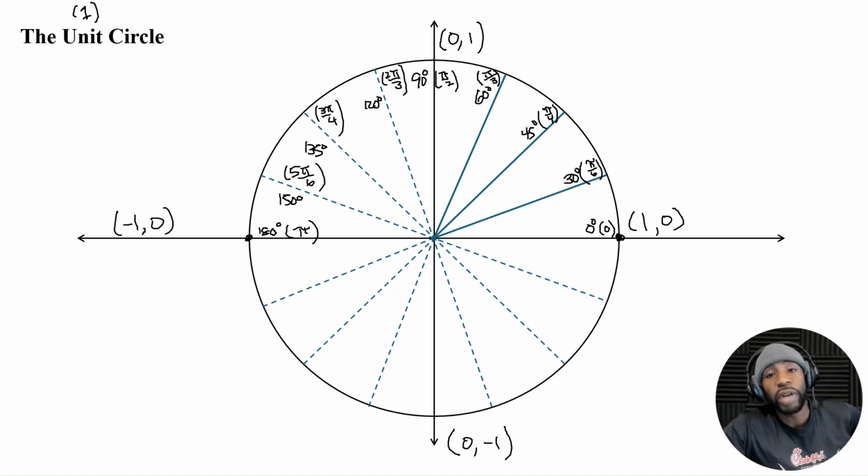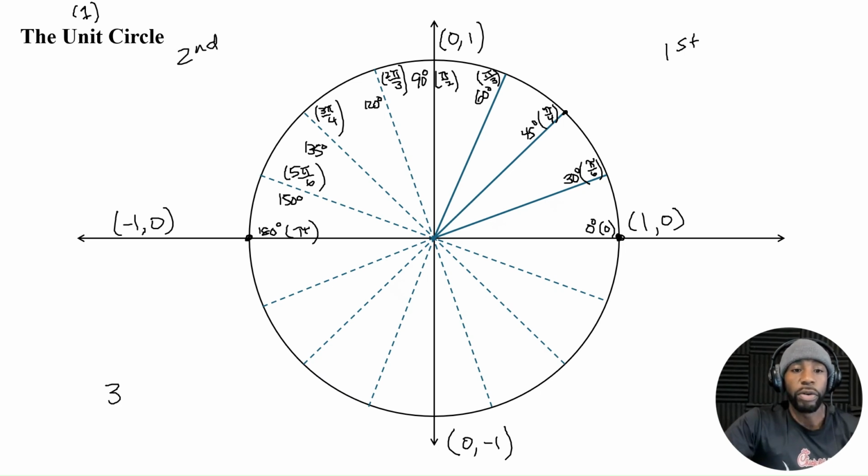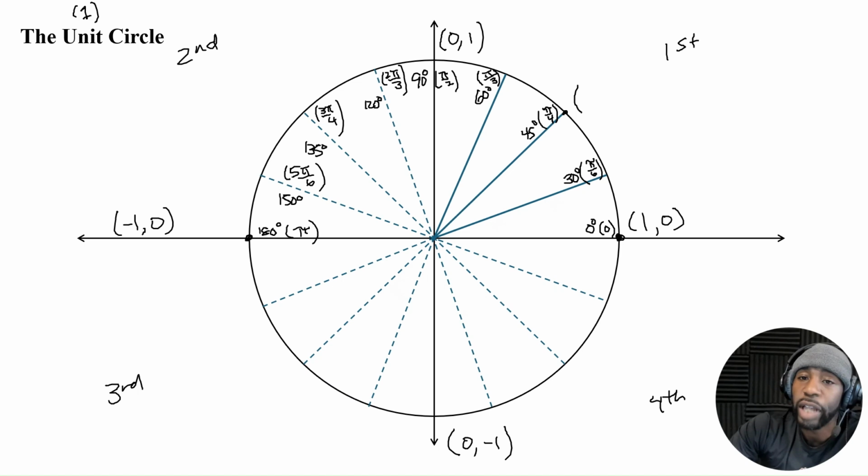Now, let's go to 45 degrees. Again, you may have already memorized the first quadrant. Matter of fact, let me write first quadrant, second quadrant, third quadrant, fourth quadrant. So you may have memorized this, and if not, you can do it now. The x and y values here are √2/2, √2/2 in the first quadrant.